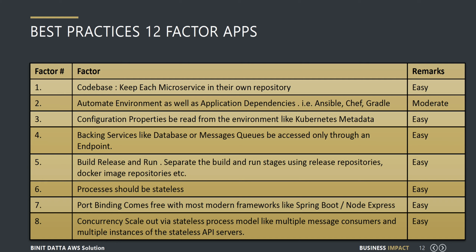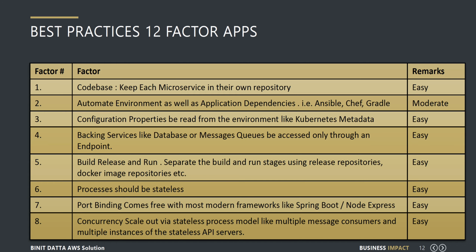Now, the moment your RabbitMQ queue depth goes from 40,000 to 4 million, you should be able to link your cloud provider to the RabbitMQ or the cloud provider's queue depth and create more consumers. So that is concurrency, right? Concurrency is linked to scalability, and the moment you have stateless processes, it is easy to achieve.